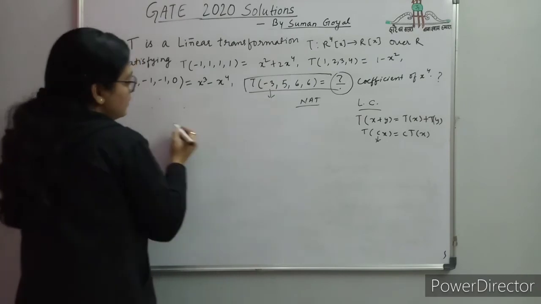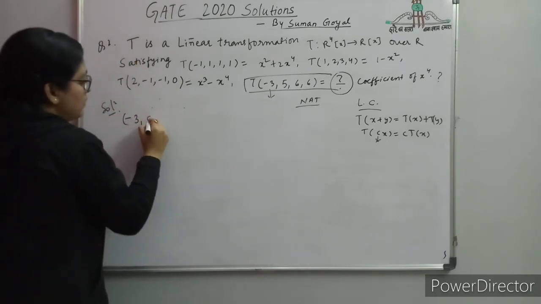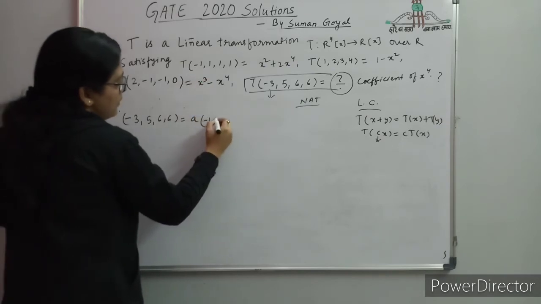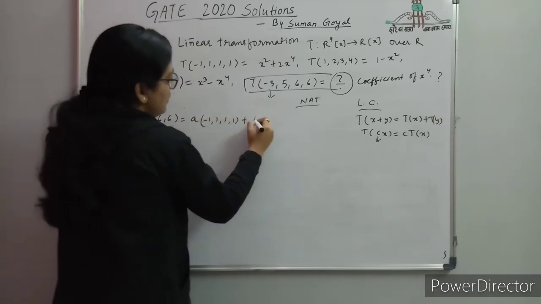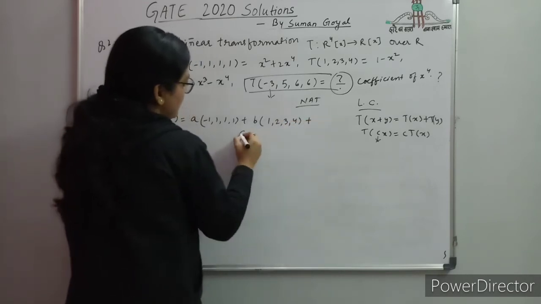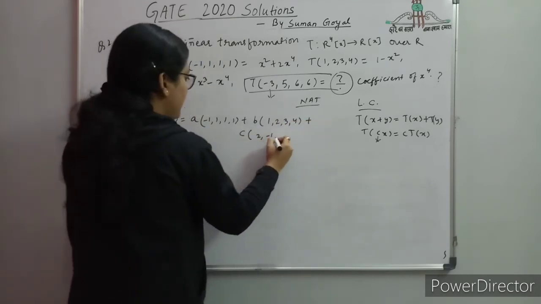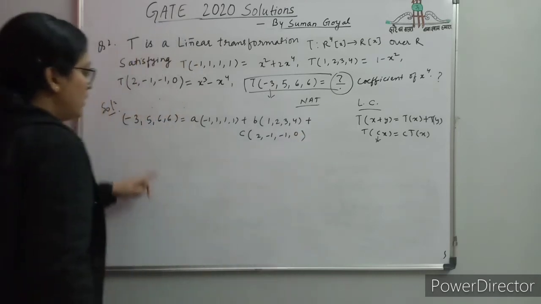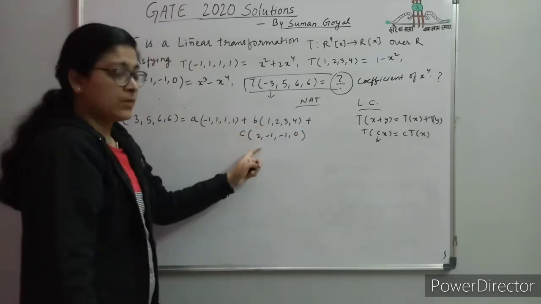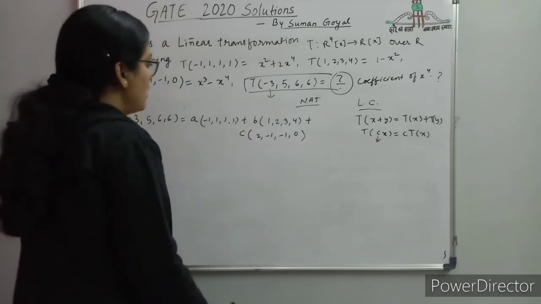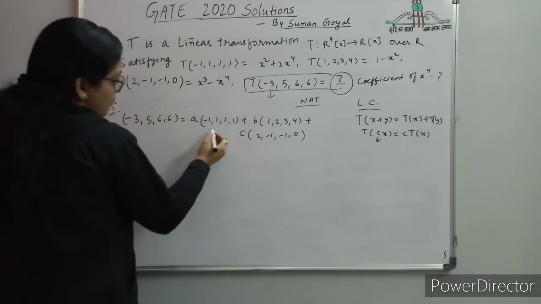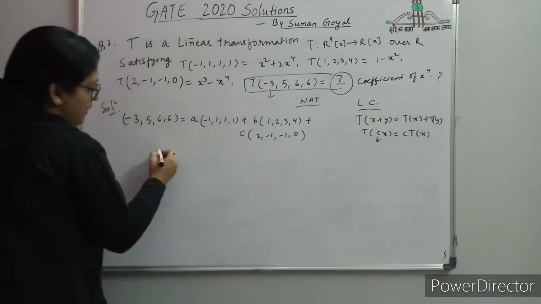We have to find this, so write this as a linear combination of these three given vectors. So this is a vector and it is written in linear combination form, so you can easily find the values of a, b and c.